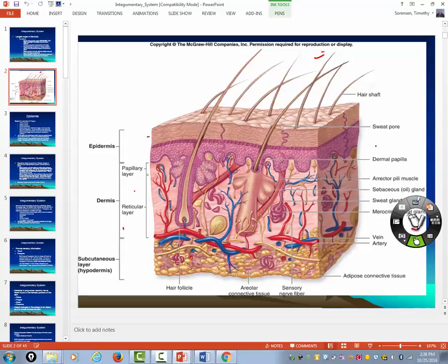The skin has sweat glands, and then you have the sweat duct, and that goes to the surface of the skin. All right. So what I'm going to do is I'm going to take a little piece of the sweat duct, and I'm going to blow it up on a different slide. Okay.